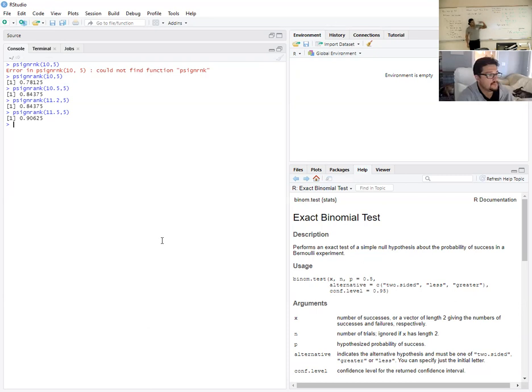Why does it work for 11.5? Why does it work for 11.2? Where does the decimal even come from? Dividing it by 2.